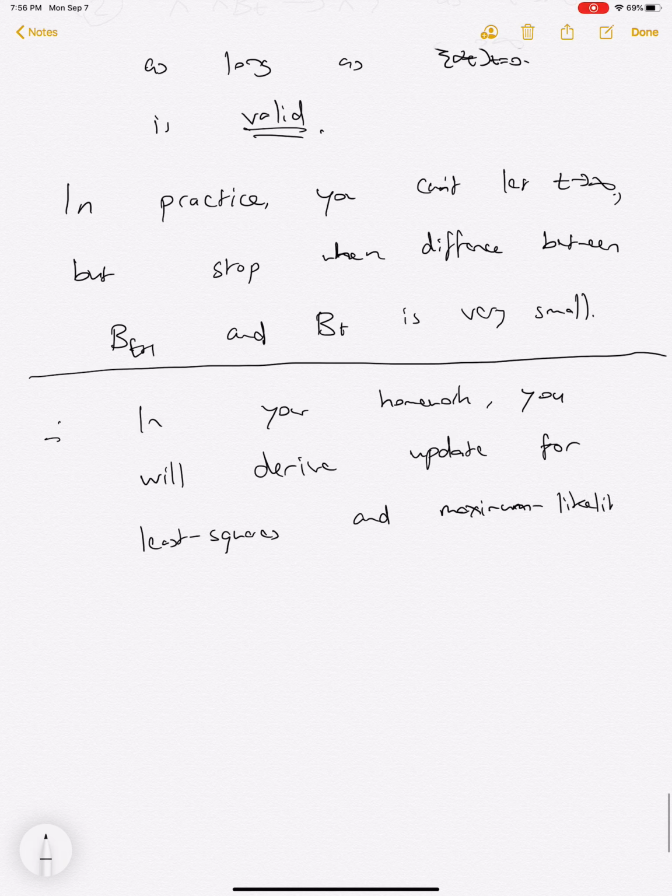And in your homework, you're going to do this for both least squares, which I've just done here, so that shouldn't be too difficult, and maximum likelihood. You'll see that when you have maximum likelihood in the Gaussian case, you're just going to get a different quadratic update, which isn't exactly the same as least squares.